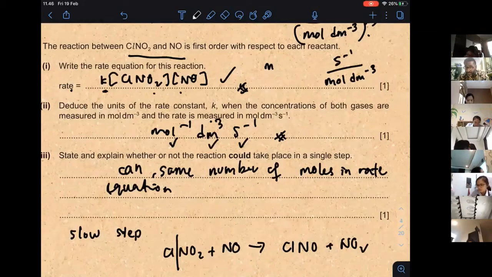That is very important. Here in the rate equation, both of them are first order. It means that ClNO2 and NO must appear in the slow step.